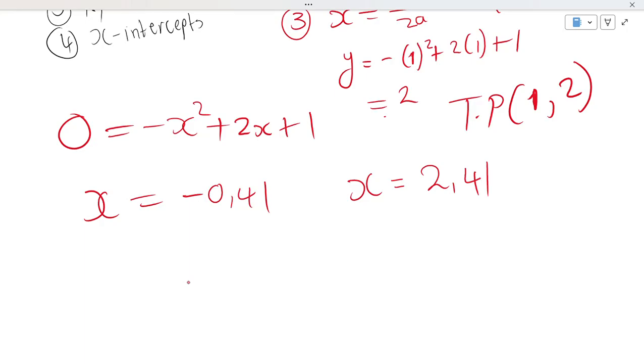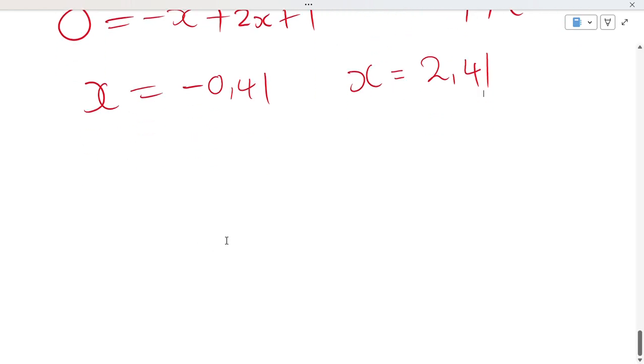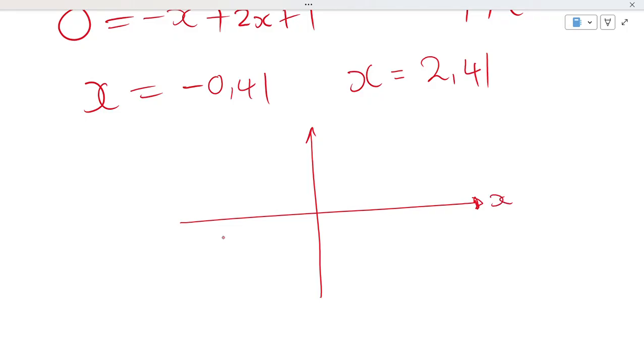And then how do you plot this graph? You start with your basic axes, like this. Where are the two values for x? One is here, negative 0.41, like that.